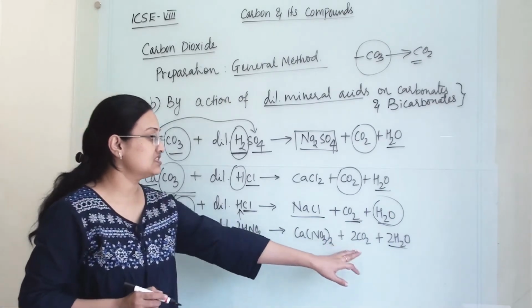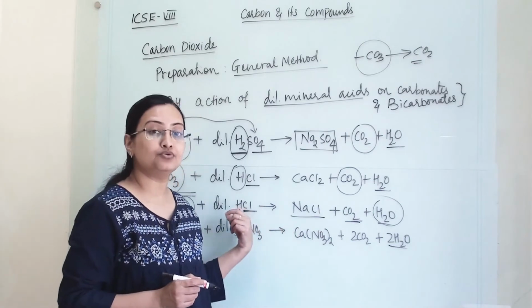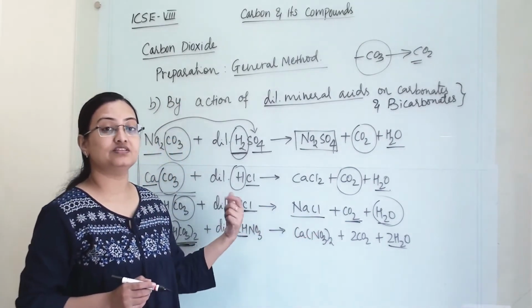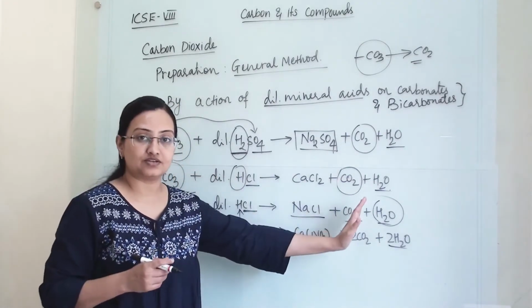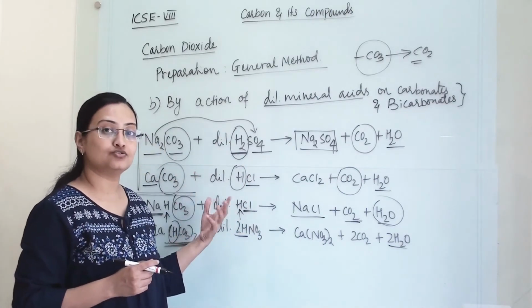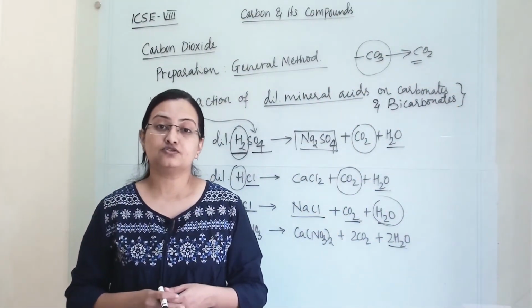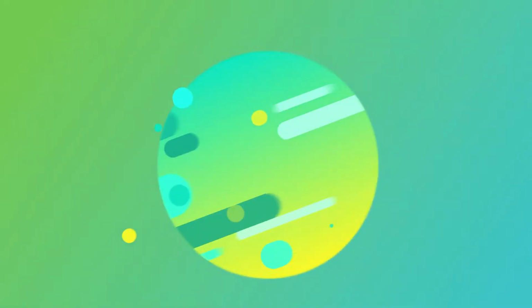So that is how you can complete the reaction whenever half of the reaction comes in the exam. So these were some of the general methods to prepare carbon dioxide.